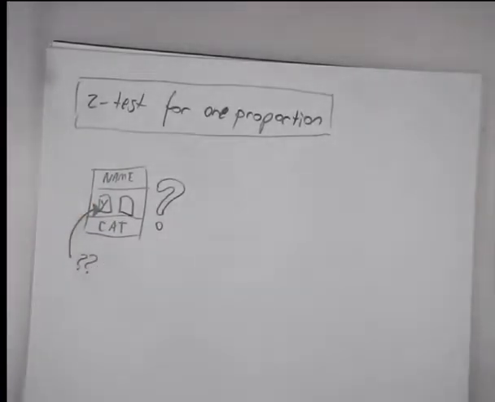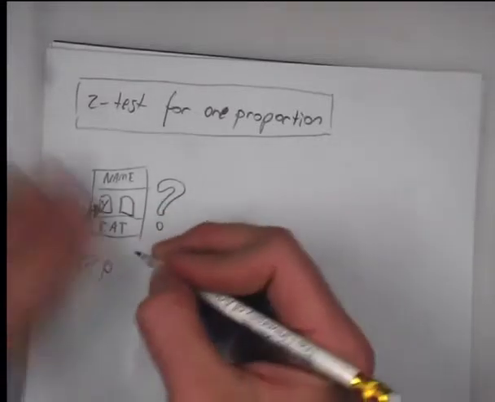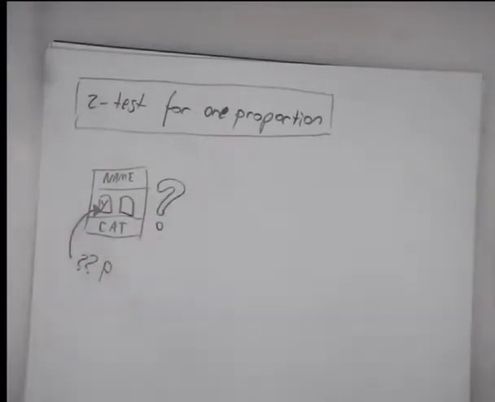That's what this hypothesis test is about. You want to know about that proportion. So the proportion that goes in that category, that's called P. That's the picture in my head for this test. Okay, I've got one categorical variable that has two options which you can call yes or no.